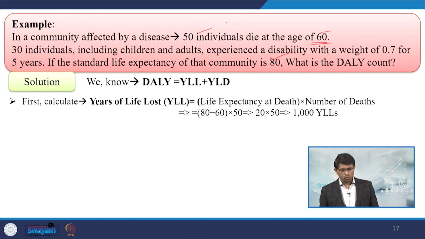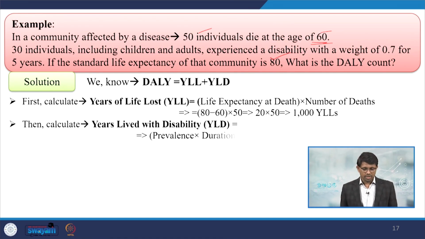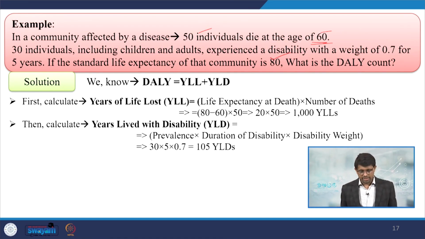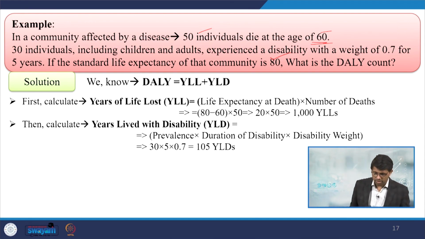So 20 times 50 is 1000 YLLs. Then we calculate YLD, which is simply the multiplication of prevalence, duration of disability and the disability weight. The weight is 0.7, the duration is 5 years, and the prevalence is 30 individuals.